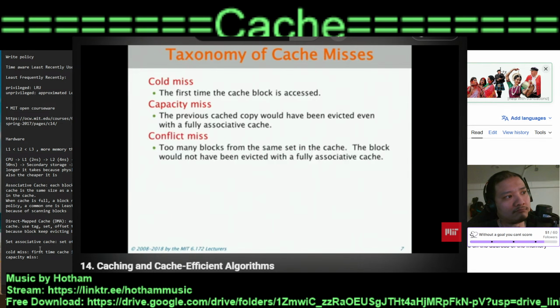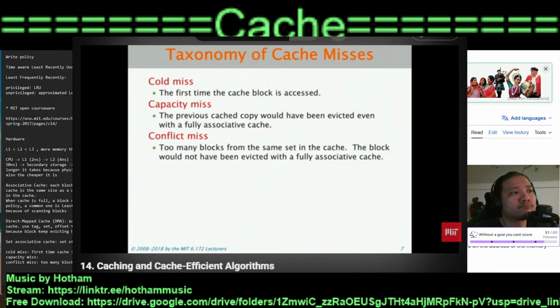Then there are conflict misses. Conflict misses happen in set associative caches when you have too many blocks from the same set wanting to go into the cache. Some of these have to be evicted because the set can't fit all of the blocks. These blocks wouldn't have been evicted if you had a fully associative scheme.